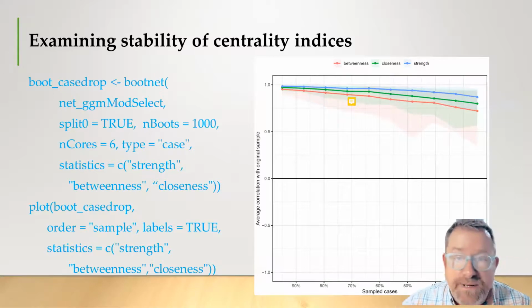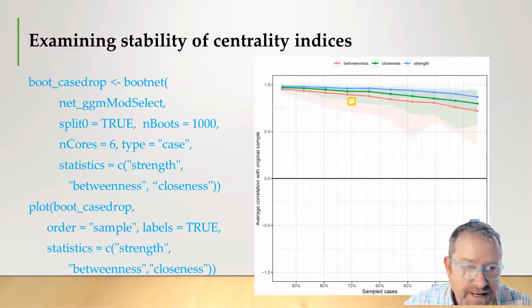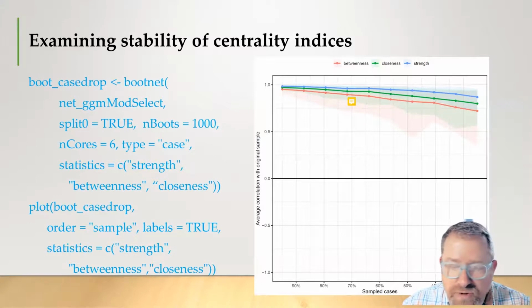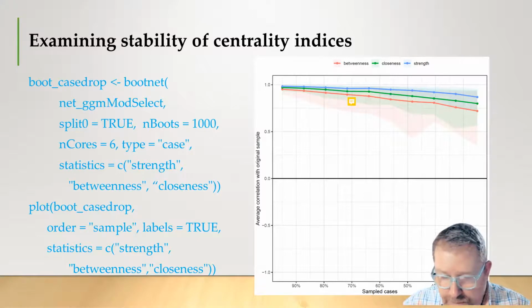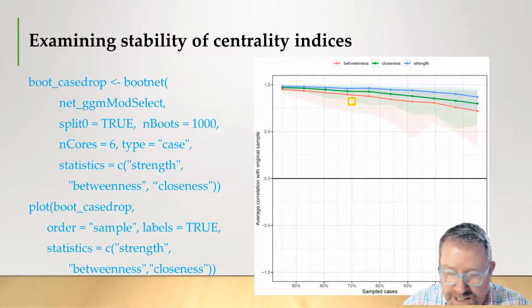You can look at the stability of those centrality indices, and you do that by case-dropping bootstrapping. So this is like, if I drop 10% of the sample, I'm bootstrapping down to 90% of my original sample. How stable are these different centrality indices?